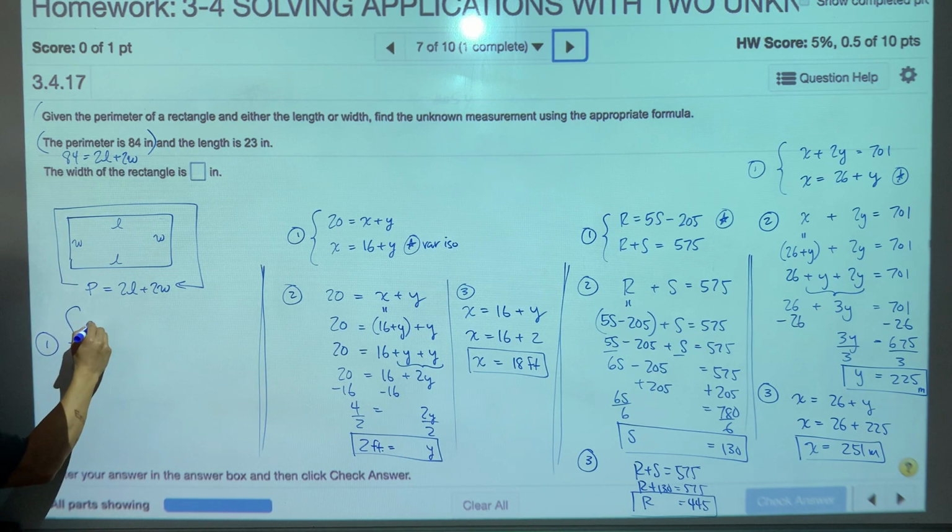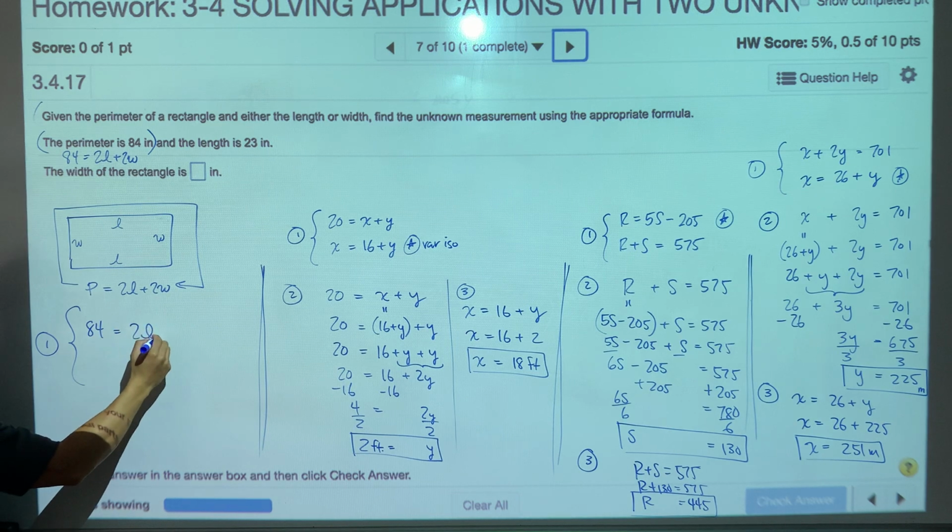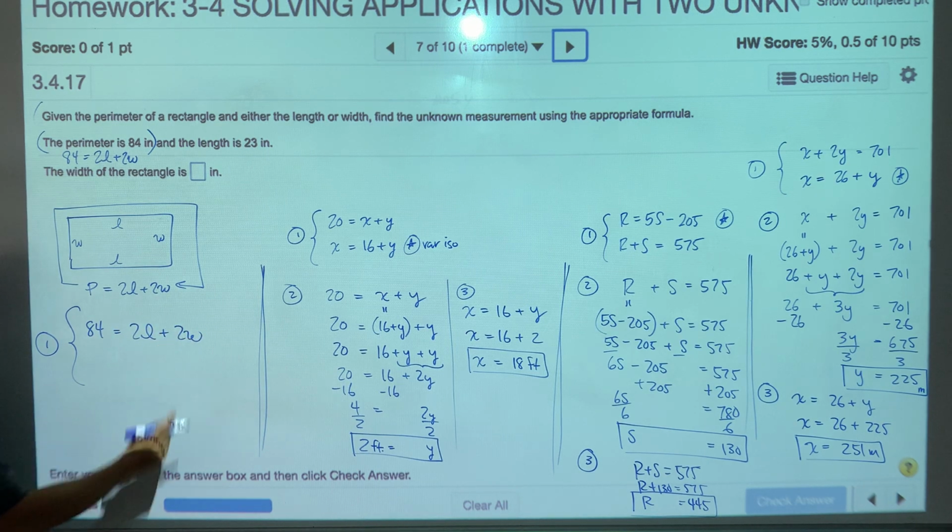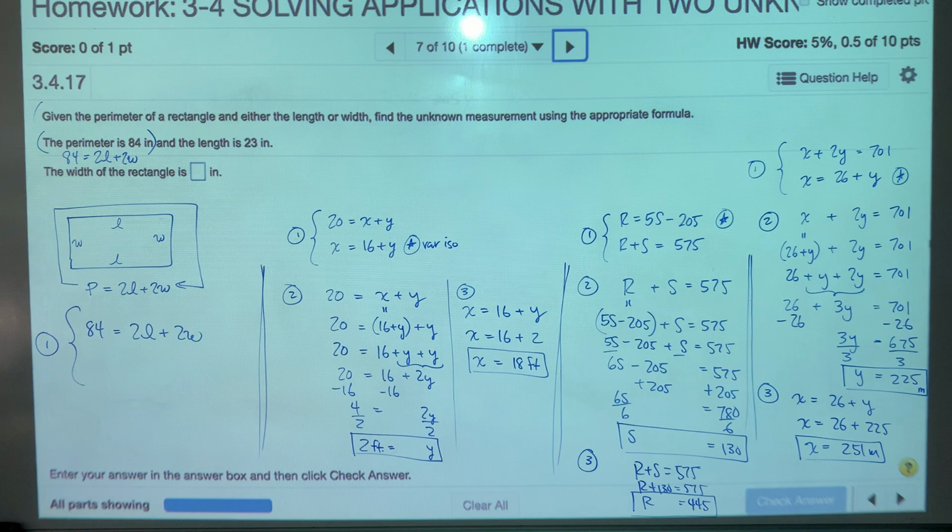The first equation is 84 equals 2 lengths plus 2 widths, or 2L plus 2W. You wouldn't know that if you didn't know this background information, right? So you have to know what a perimeter is defined as.